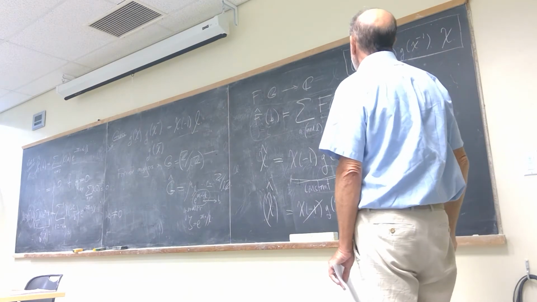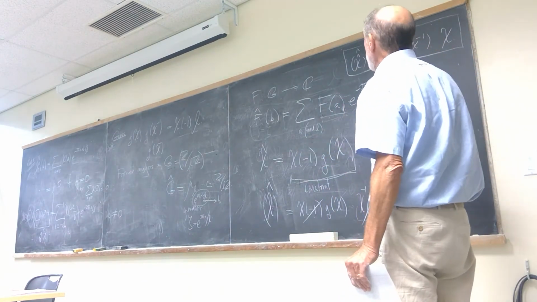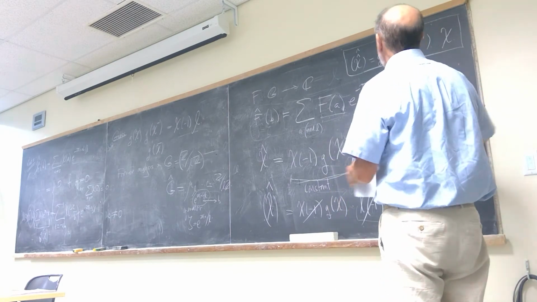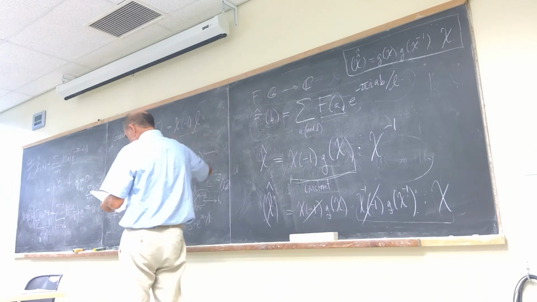And if you remember Fourier duality, you almost recover the function from its double Fourier transform. There's some issues of measure, and when you work out the measure, you get a function like this.